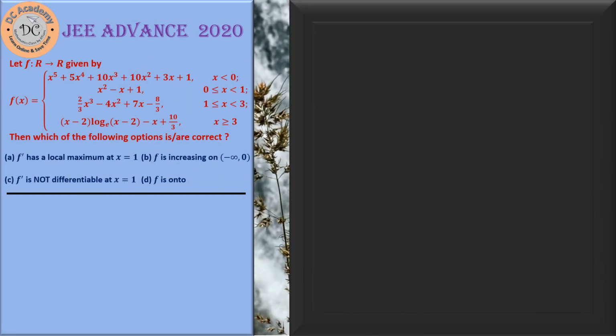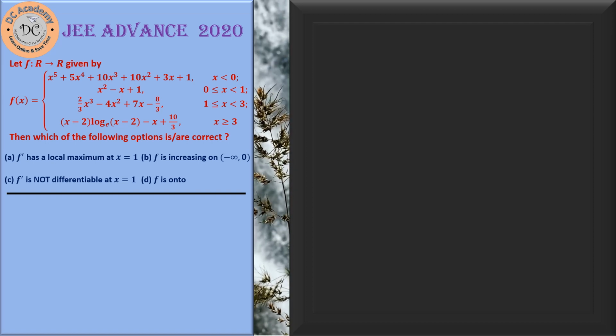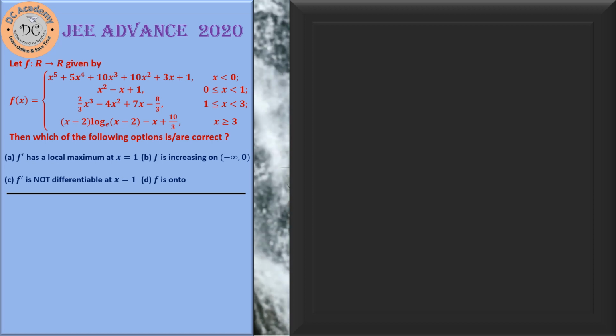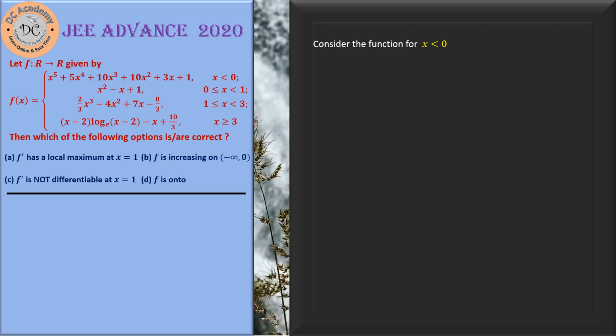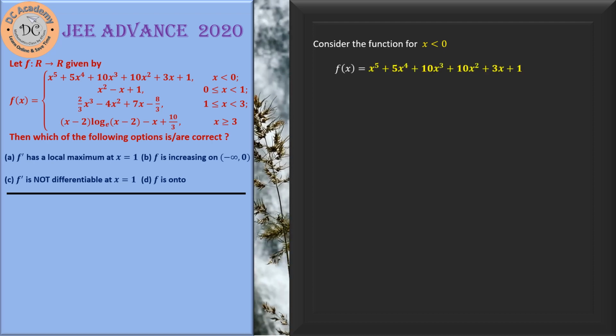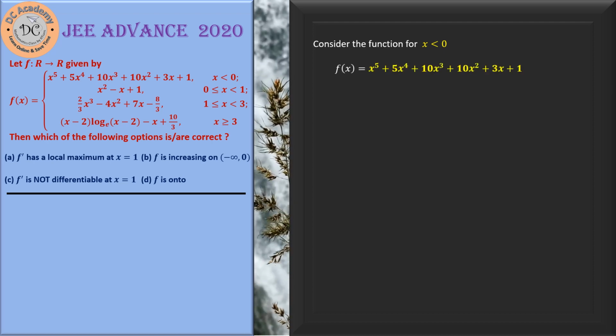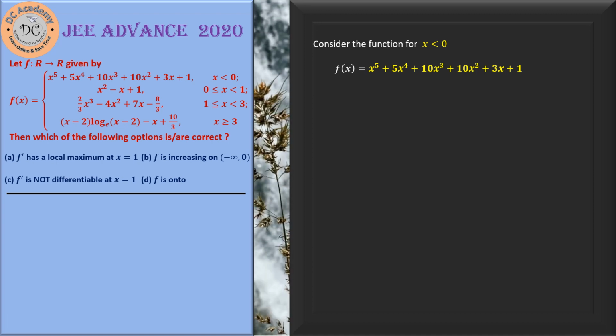We have already discussed that we have to differentiate it. So first we consider the definition of the function for x less than 0. Now for x less than 0, f(x) is a polynomial, x to the power 5, 5x^4 and all that stuff. This can be easily differentiated, so let's do the differentiation.